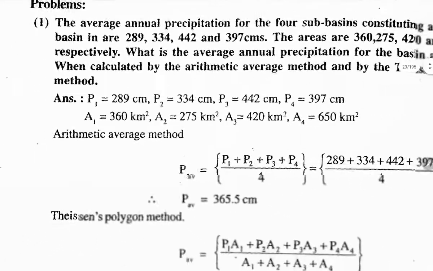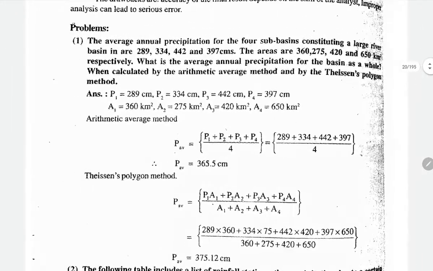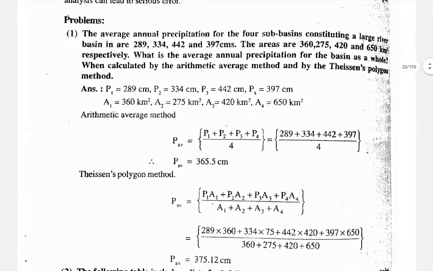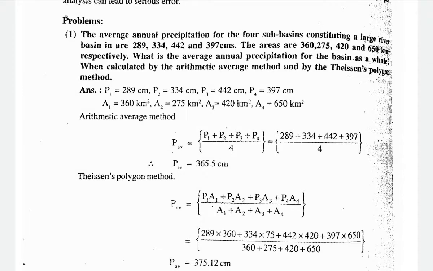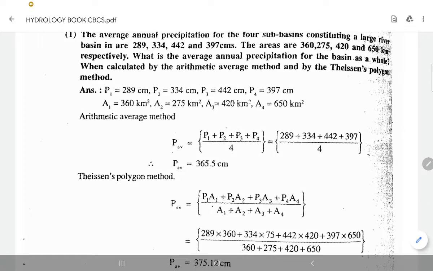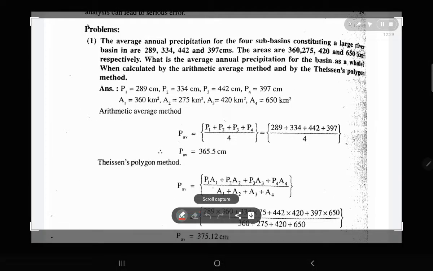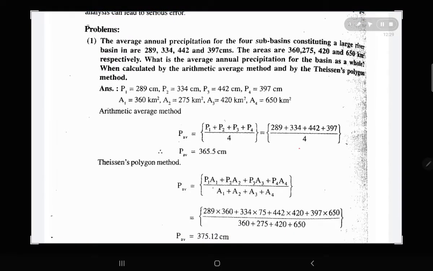Okay, so in this problem, P1 is the rainfall at the first station, P2 is the rainfall at the second station, P3 is the third station and P4 the fourth station.